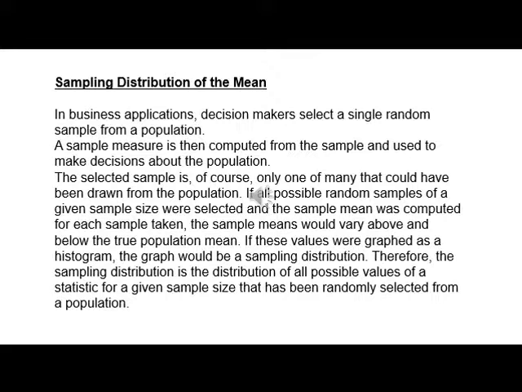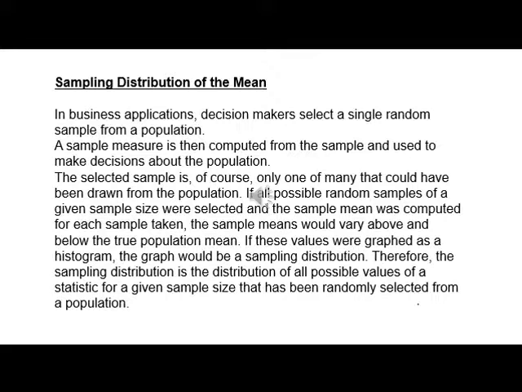If all possible random samples of a given sample size were selected and the sample mean was computed for each sample taken, the sample means would vary above and below the true population mean. If these values were graphed as a histogram, the graph would be a sampling distribution.